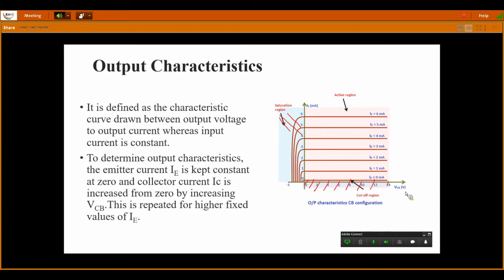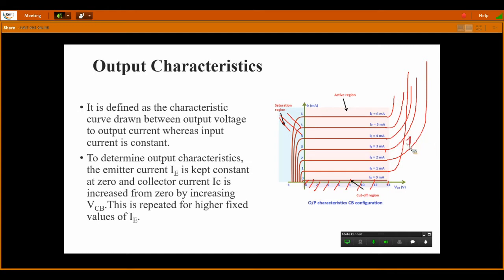If I go on increasing this VCB to more positive voltages, then the characteristics will reach the breakdown region, as the reverse bias on your output junction is increasing. With that, your current increases abruptly to a maximum value, but this is not a safe point.